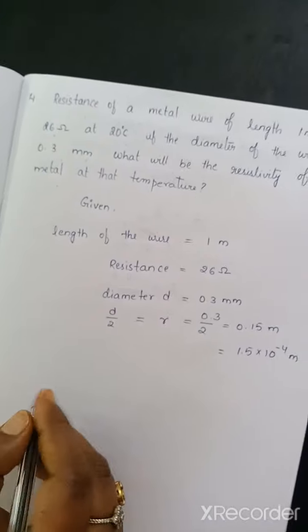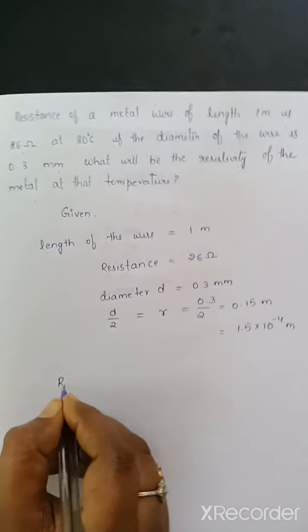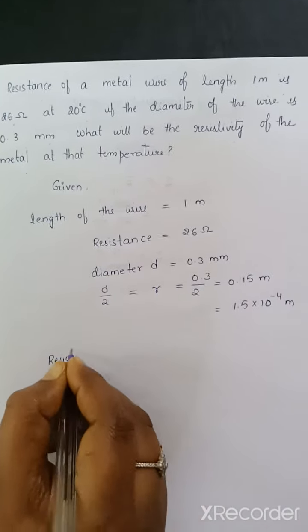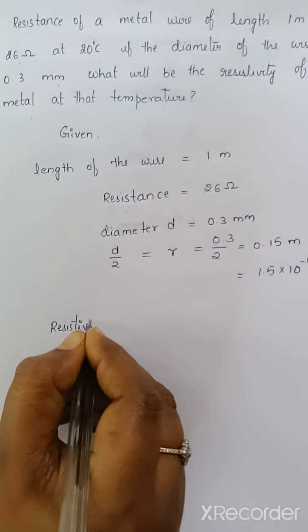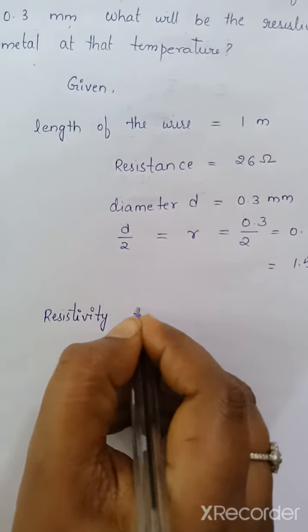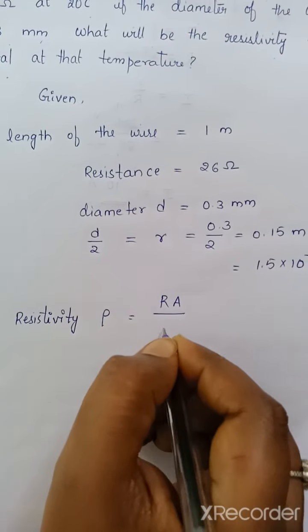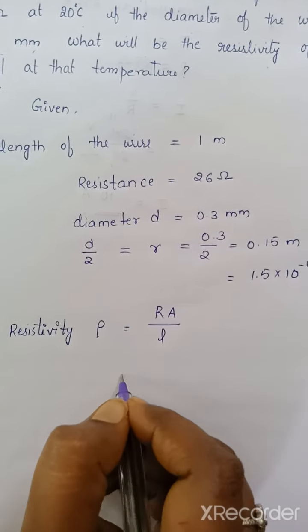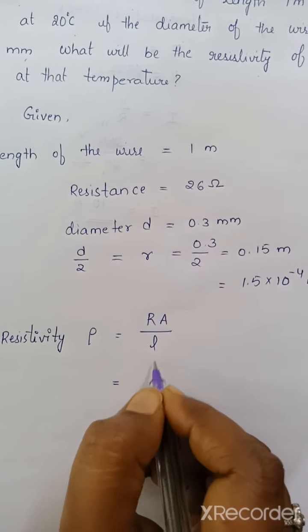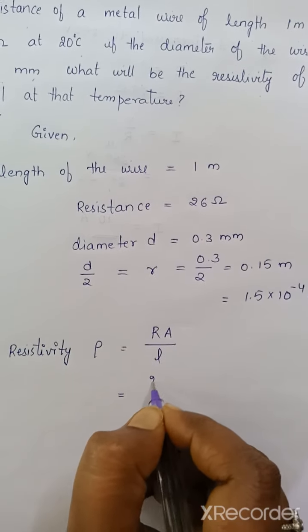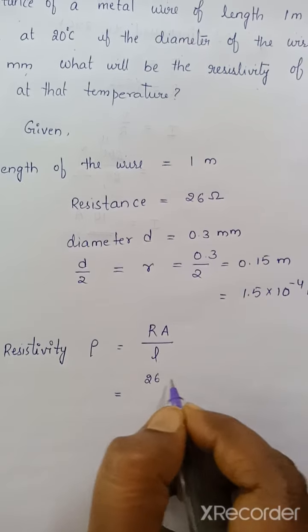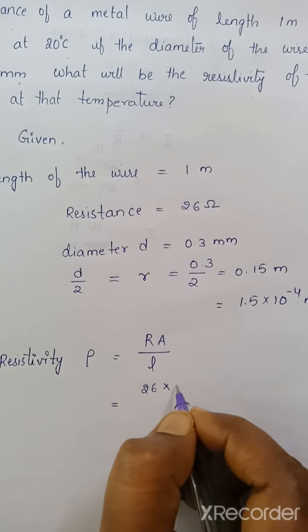And now find the resistivity. Rho equals R A by L. R is the resistance, 26 ohm, into A, which is pi r square.